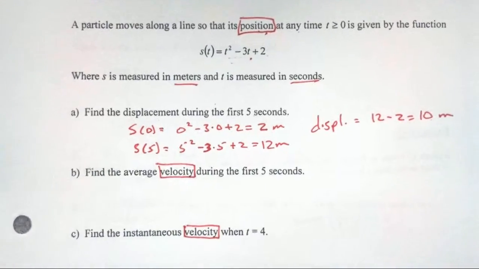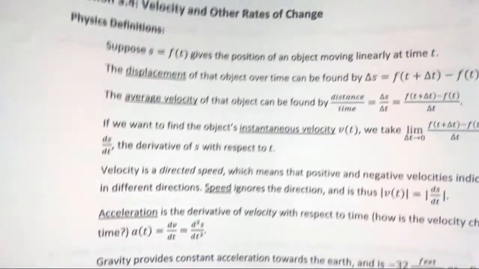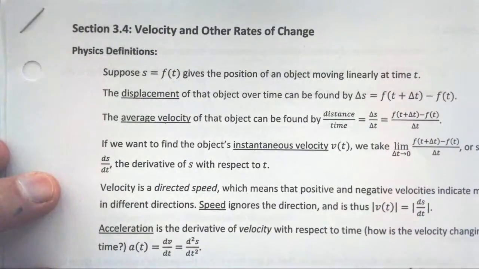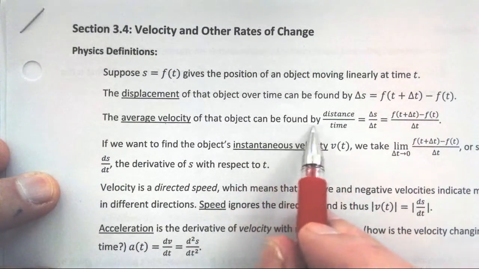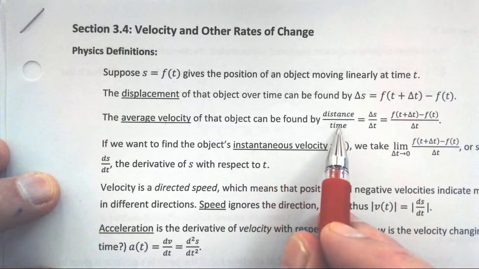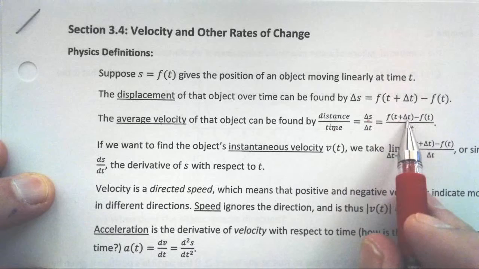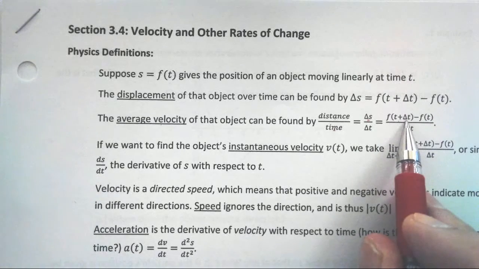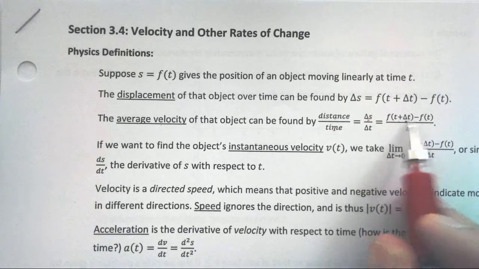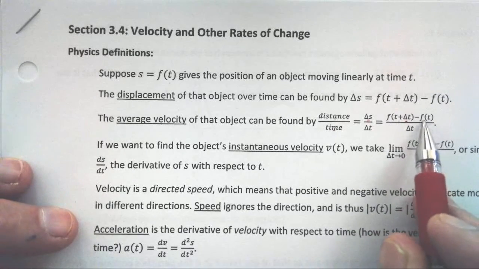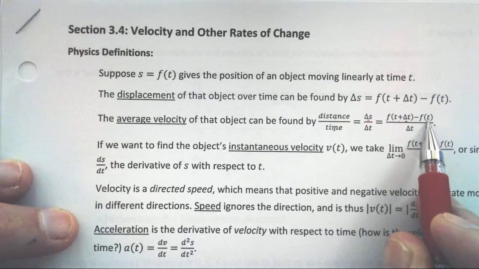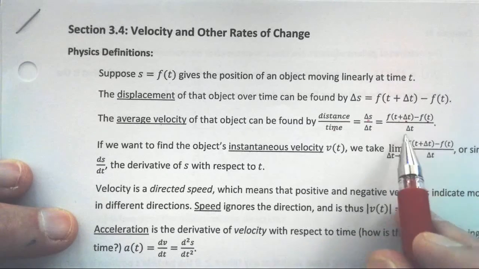Okay, find the average velocity. So let's jump back to here. Our average velocity of an object can be found by distance over time. This is our change of distance, so this is our position as time progresses forward, minus our initial position, divided by the change of time.